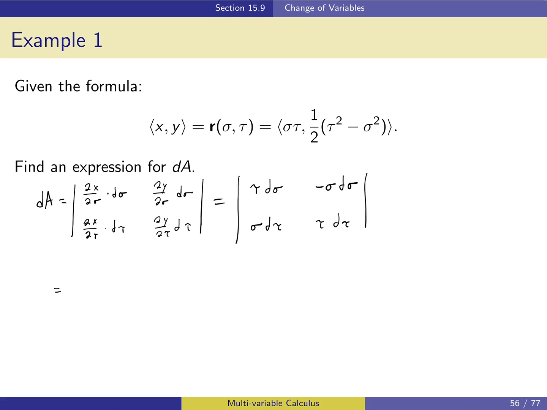We'll take this determinant, and we're going to get tau squared d sigma d tau for the first diagonal, and then for the other diagonal, which should be a negative, so we're going to have minus a minus sigma squared d sigma d tau. And notice that the d sigma d tau could factor out of this. In fact, it will always be able to factor out of any similar computation. And we can write that this is equal to tau squared plus sigma squared, times d sigma d tau.